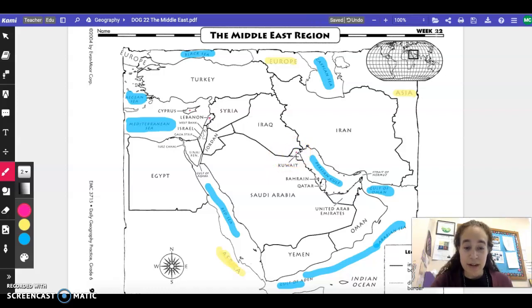It's where the Tigris and Euphrates rivers come out to meet the Persian Gulf. And we also have Bahrain and Qatar over here by the Persian Gulf. And those are 5 of the smallest countries. Besides those, you see some of the larger ones, the ones that take up much more space, which include Saudi Arabia, Iran, Iraq, Turkey, Egypt, Yemen, and Oman.